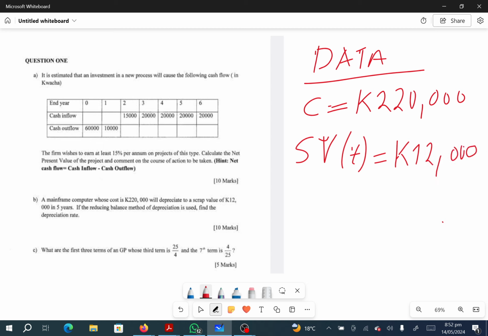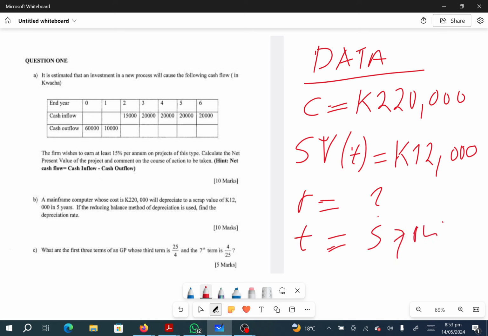Then the rate is what we are looking for, so we don't know the rate. Then we have been given T in terms of time in years as 5 years.